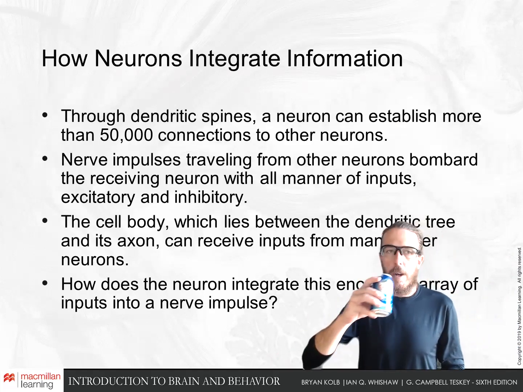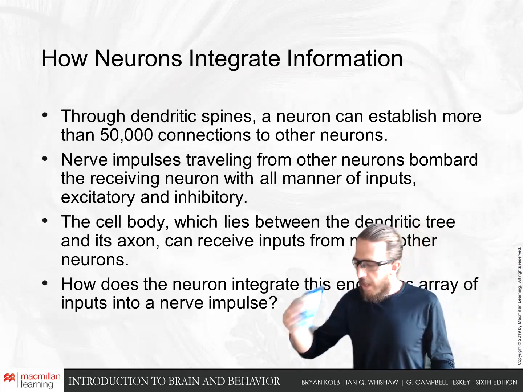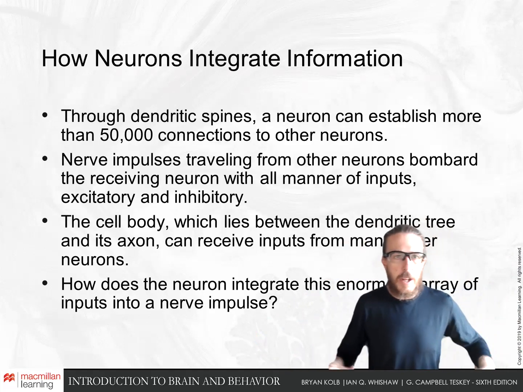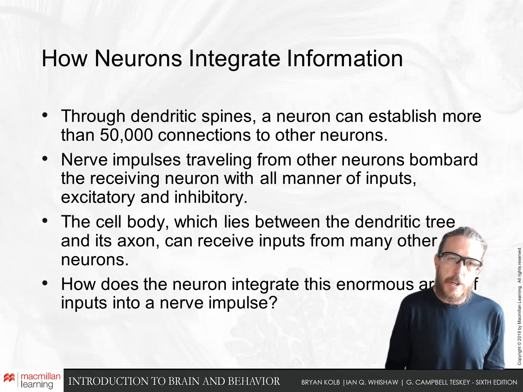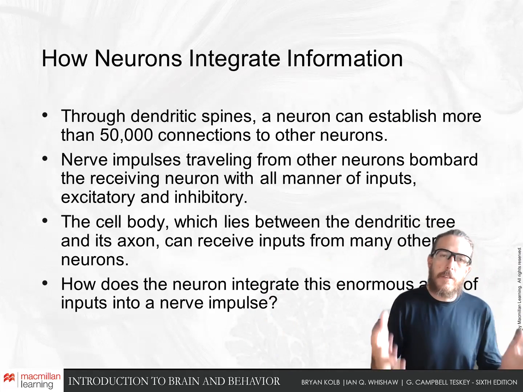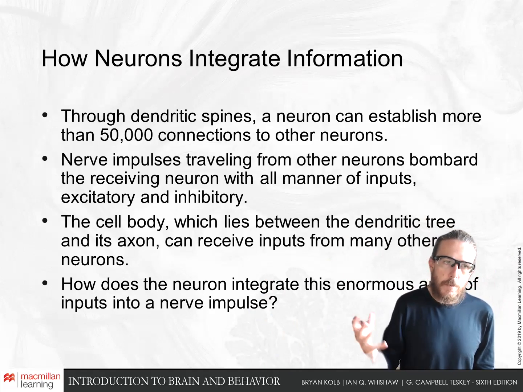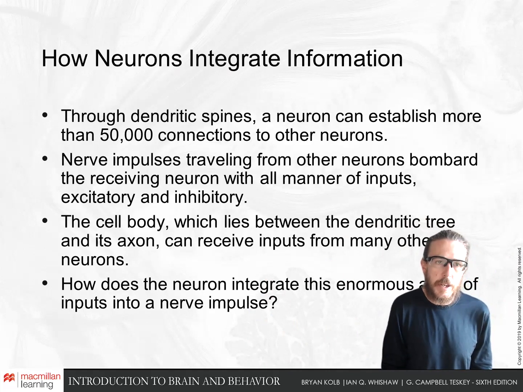So next we'll talk about something we've already alluded to when we talked about graded potentials, in that neurons have to integrate information together from thousands of other neurons before they can decide whether to fire an action potential or not. One neuron can connect to up to 50,000 other preceding neurons that send it information.